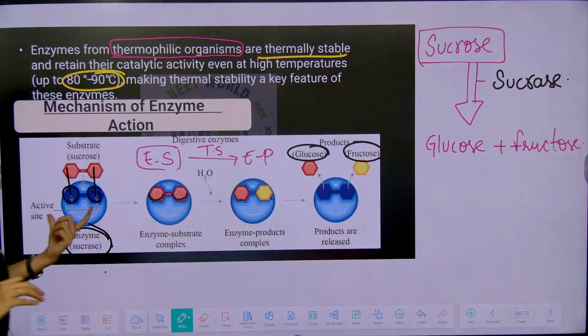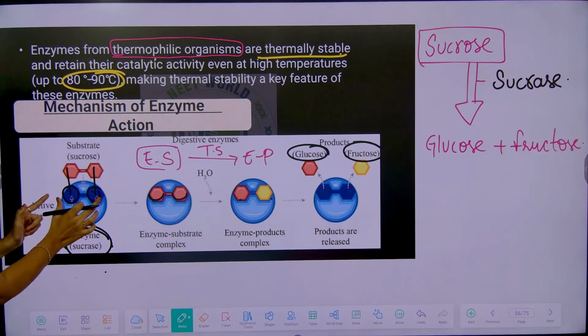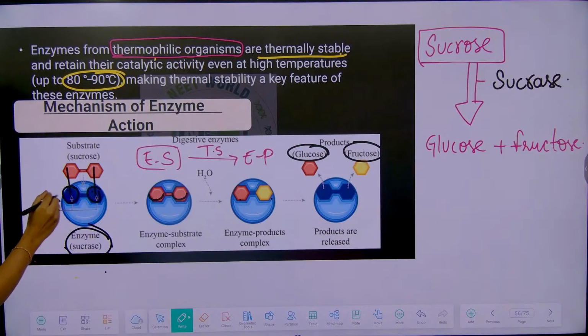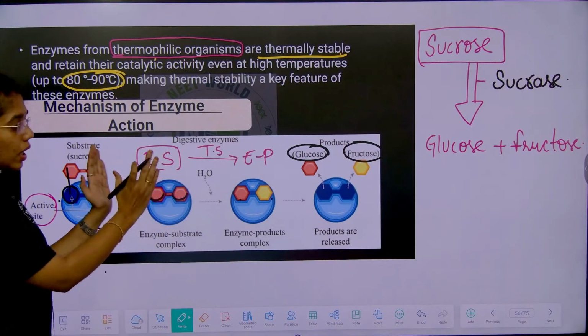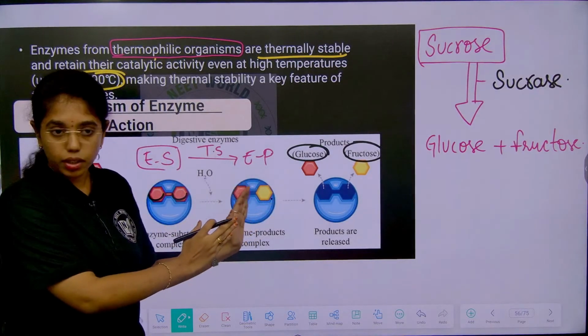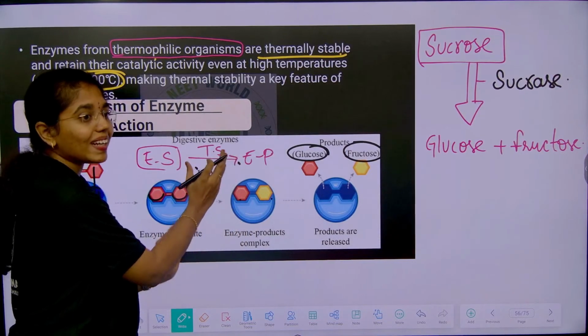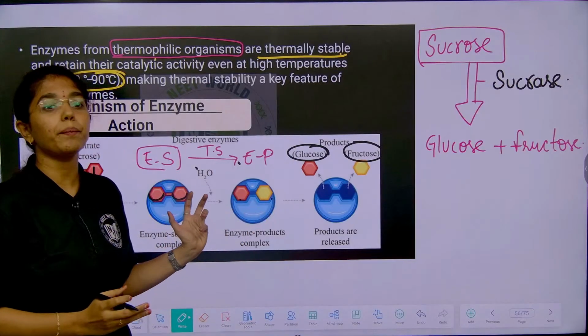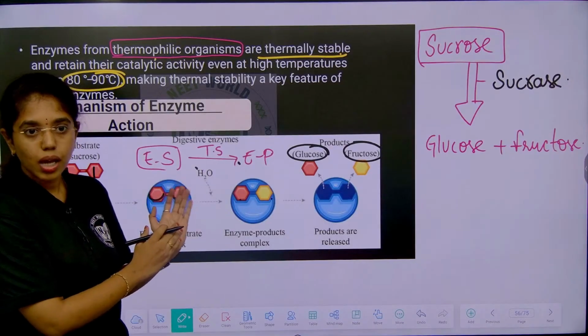Simple. Enzymes are tertiary in structure, and because of this structure they have crevices. The crevice into which the substrate can fit is known as the active site. This forms the ES complex, the enzyme substrate complex. Its conversion into the enzyme product complex is known as the transition state. This is a transient, temporary phenomenon that cannot be stable for long, and it is reversible.